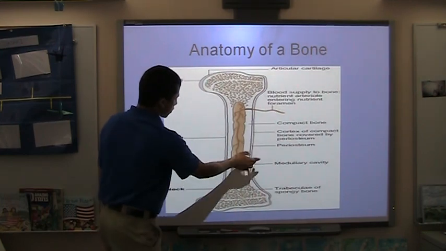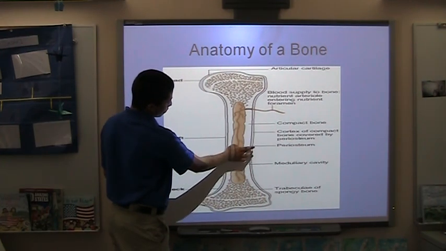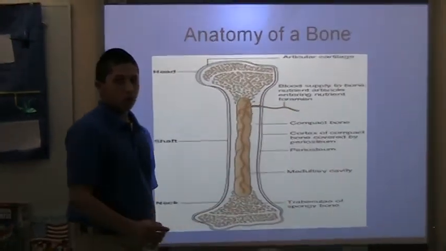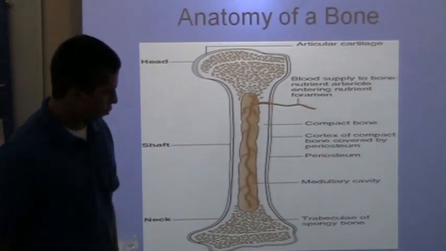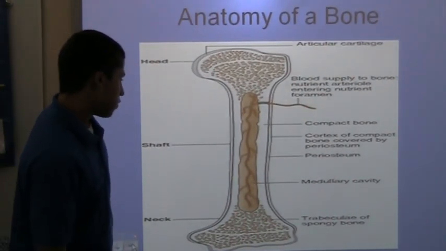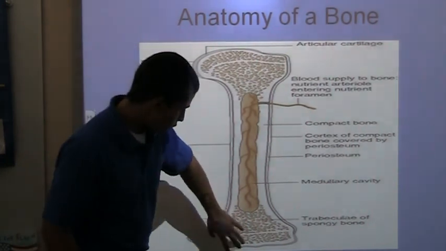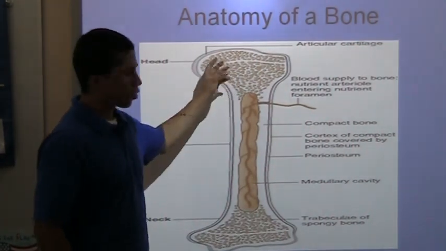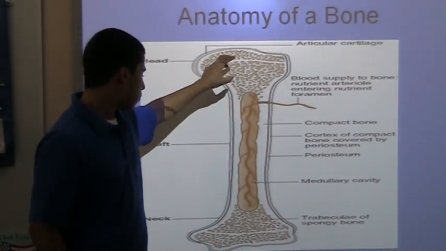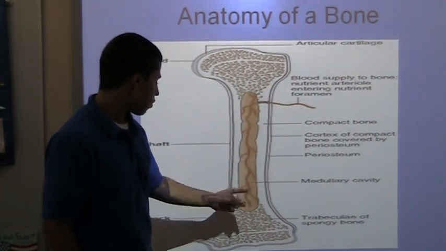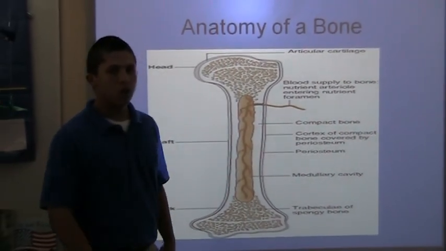This layer right here is the periosteum, which provides the bone shield. There are also fragments of spongy bone which provide a kind of cushion for bones. This is mostly found in joint bones, like your elbow and your knee.